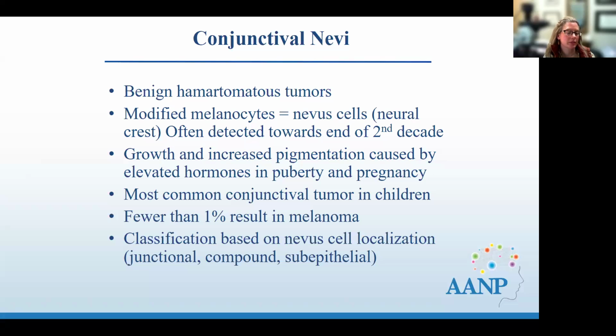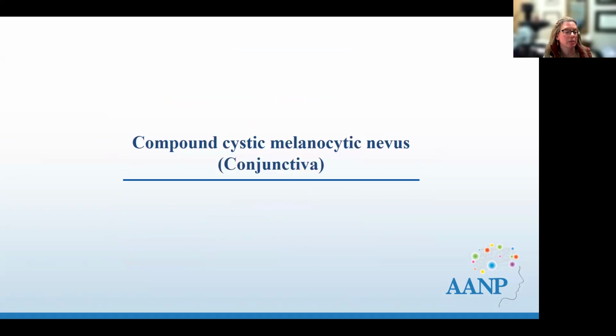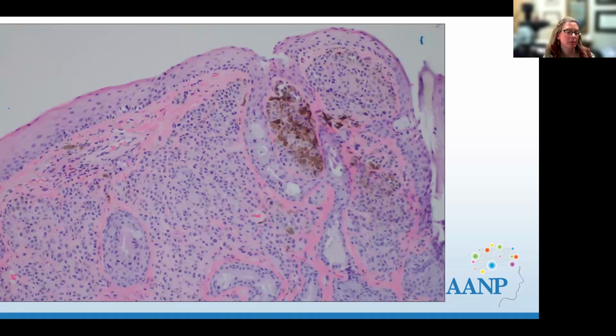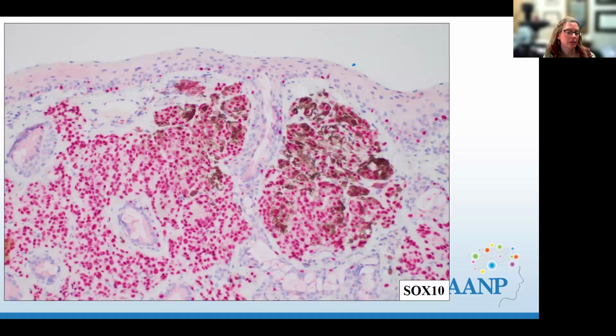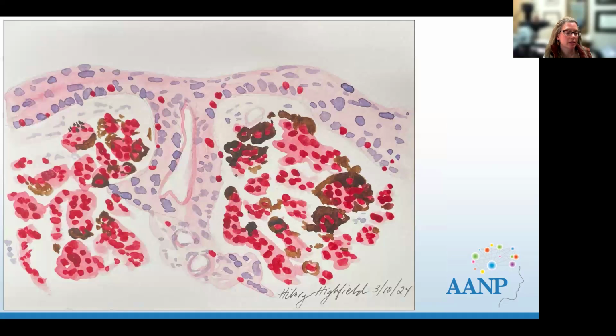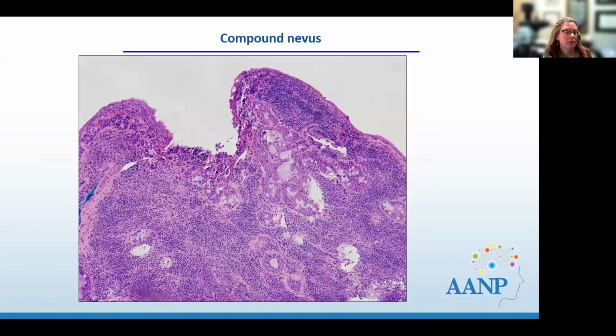And it's the same classification as other nevi: junctional, compound, subepithelial. So we're just going to look at a bunch of them. So here's one that has pigmentation, that has that very nested architecture. Again, you see these cyst-like conjunctival spaces in there. SOX10 really lights it up and is very nice to view these lesions. And then here's a very, very busy one, a compound nevus.